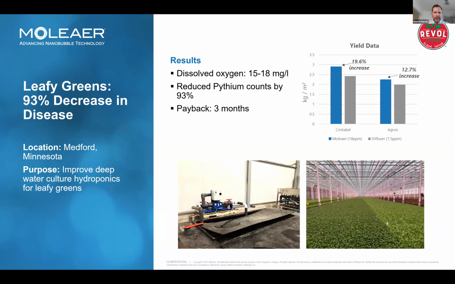And then lastly, in the US, just as a final case study to wrap this up, leafy greens, obviously deep water culture, whether it's NFT or deep water culture, having an oxygen-rich root environment, an oxygen-rich water environment for the roots, has two meaningful impacts. One is it continues to allow the facilitation of those metabolic functions within the plant to keep it healthy.